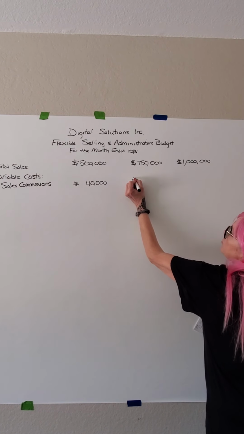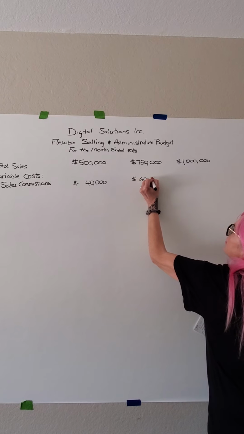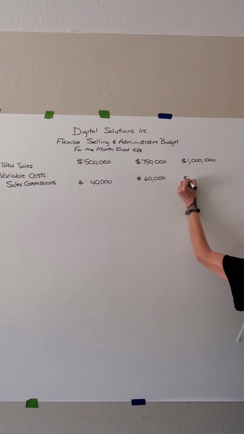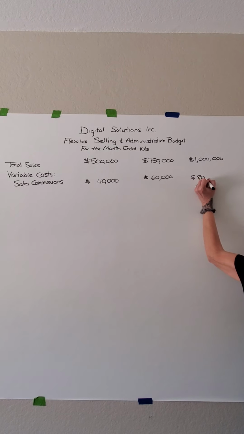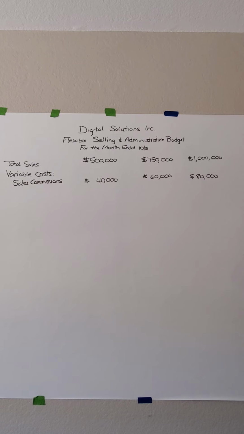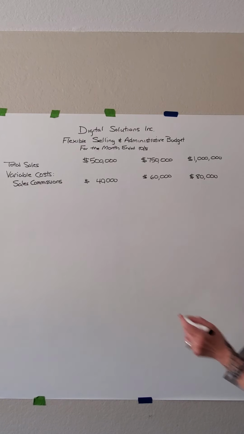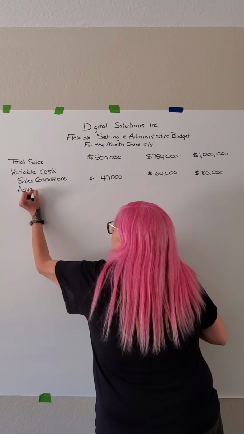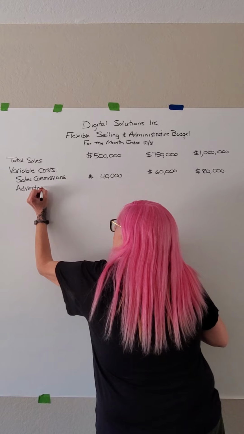We're going to have commissions of $60,000 if sales are $750,000, and we're going to have commissions of $80,000 if we're looking at $1 million in sales. We're going to do the same thing now for the next variable cost, which is the advertising expense. So that's what you're going to put into your form next.